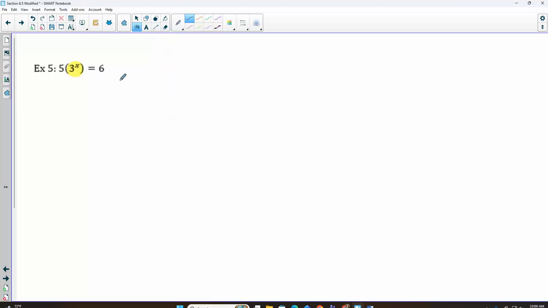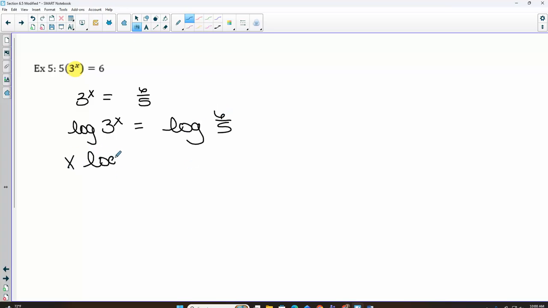What do we do with the 5? You can leave it as 6/5, you can write it as 1.2, that part doesn't matter. Now what? Does it matter which one? No, there's no obvious easier one here. The only time one is easier than the other is when we have e's, we pick natural log. Okay, then the x comes down by the properties of logs. So we have x log 3 equals the log of 6/5.